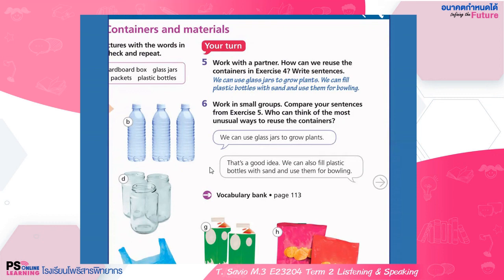We can also fill plastic bottles with sand and use them for bowling. So the most creative ideas will be interesting to show how we can recycle things that are left at the beach after people have finished. For example, they finish drinking a bottle of water and then they just throw it on the beach.